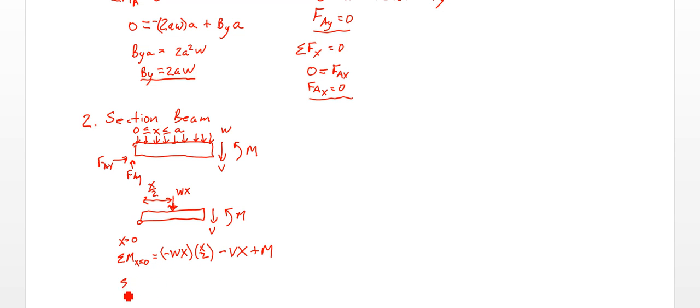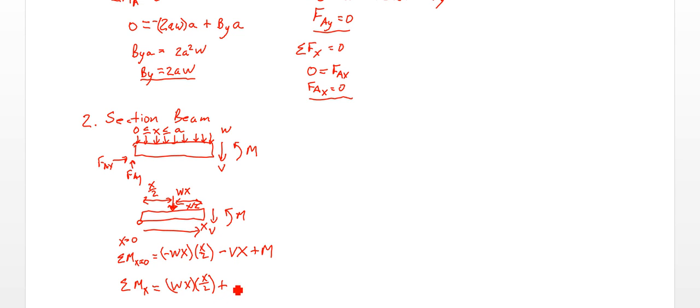So if I'm taking this at x equals 0, this should be the approach. If I take the sum of my moments at x, so at the end of this, the shear component goes away. This changes signs. Now I'm rotating counterclockwise around x. So I'm going to have Wx times x over 2. So this distance here is still x over 2. Here's x.